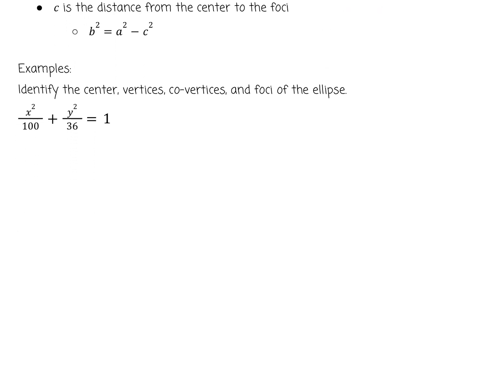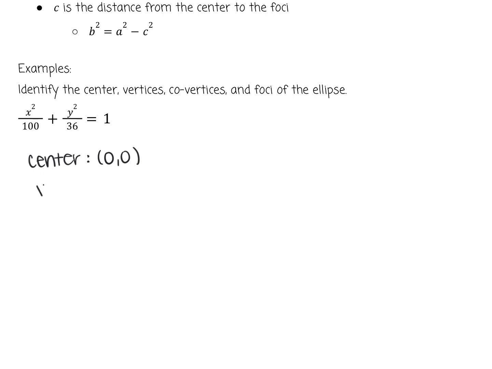So in our first example, we have x squared over 100 plus y squared over 36 equals 1. And we want to find our center, vertices, co-vertices, and our foci. So I'm going to start with my center, which is going to be at (0, 0), since I'm not adding or subtracting anything from x or y in my numerator.